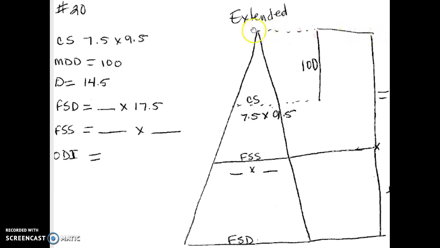So from here down to the skin surface would be the ODI reading, which we don't know, we have to find. From here down to the field size at depth is going to be the ODI plus 14.5 centimeters.